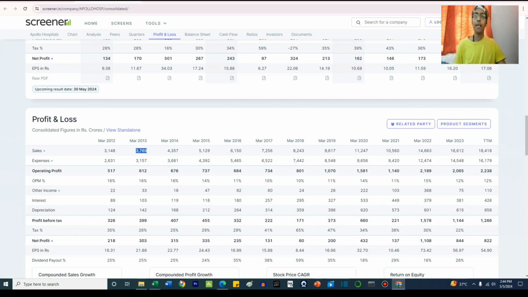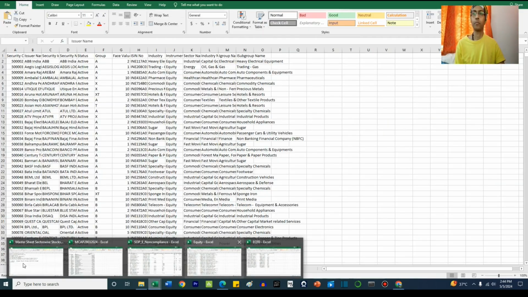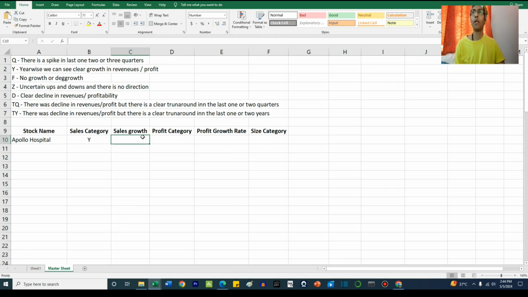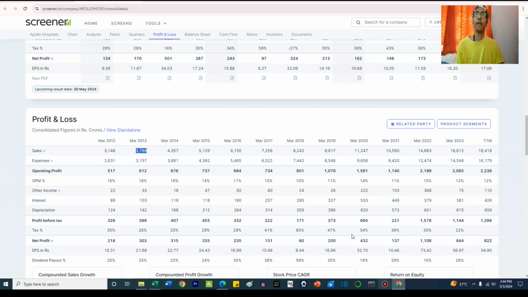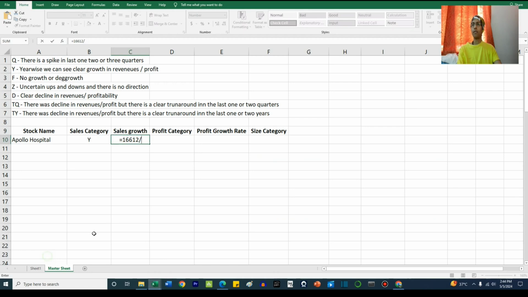How do we do that? Very simple. We write the final number, 16,612. Divide it by the initial number, which is, let me check once again, it is 3769.